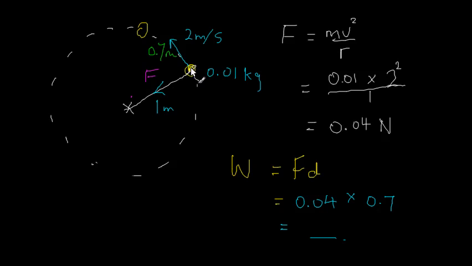But in this special case where the displacement is completely at right angles to the force, then it means that the displacement has zero components along the force. So that means that this shouldn't be 0.7, this should be 0. And this means that my answer is 0 joules. The work done on the object moving around in the circle is 0 joules.